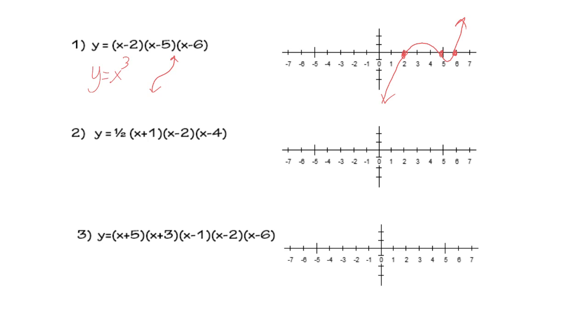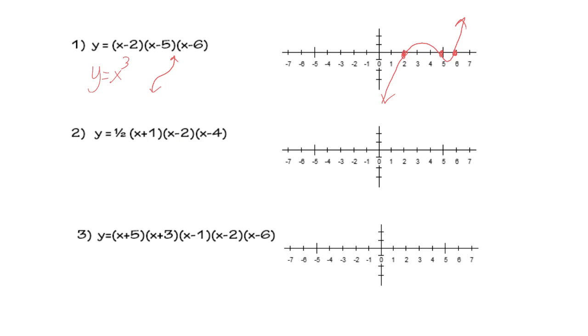Okay, let's try a few more of those. In this next one, this one's different because I put a 1/2 here. Now that 1/2 would do the same thing that a value does on all of our other functions. It's going to be a vertical shrink. However, remember I said I don't care about anything vertically. So yes, it's there, but it's not going to affect how I graph it.